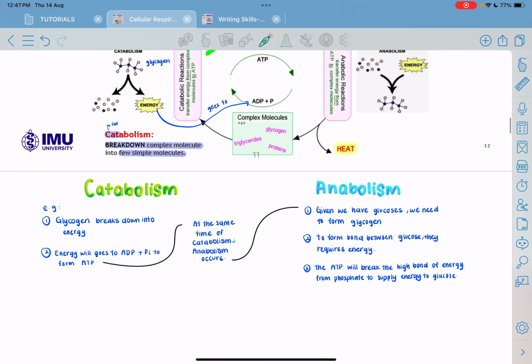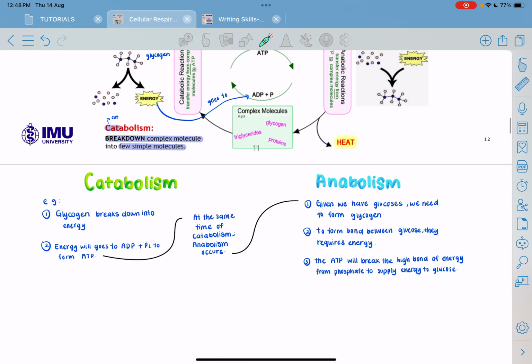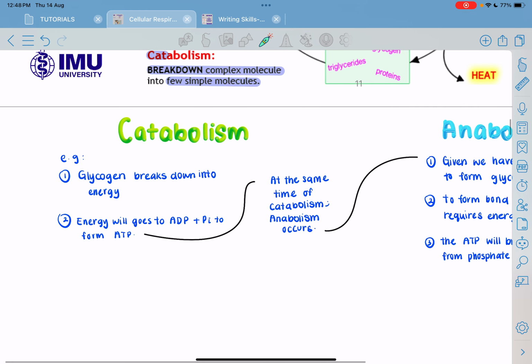This one also. Okay, we talk about catabolism and anabolism because I'm not sure whether you guys understand. For catabolism, how to remember: cat, meaning cut or separate or break down. Then the other one, anabolism, is basically the opposite of it lah. Okay, I give you an example.